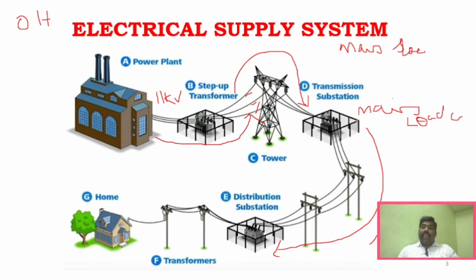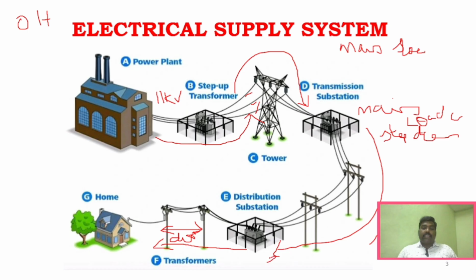And even here, before transmitting to the subload center, the voltage will be stepped down. And again, after reaching the substation, once again, it will be stepped down and sent to the distributors. These are called distributors.